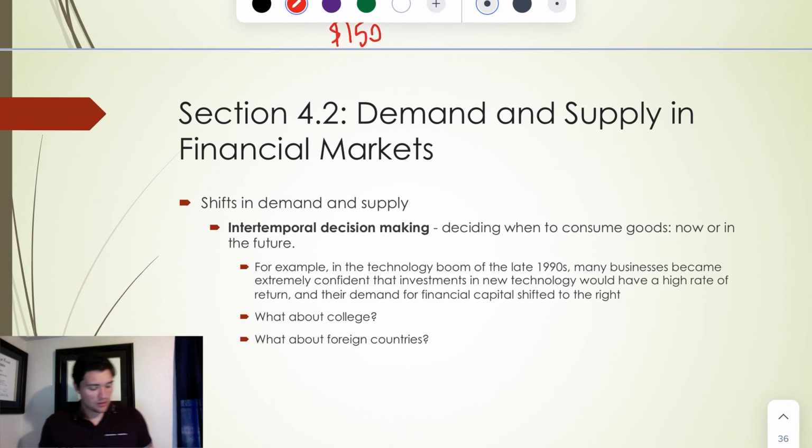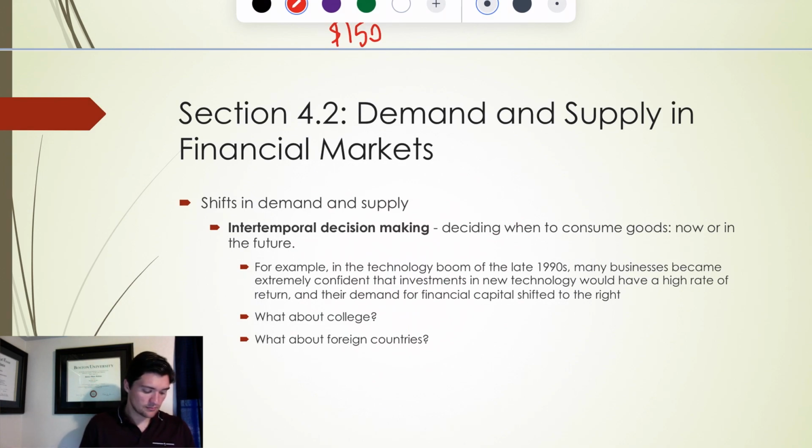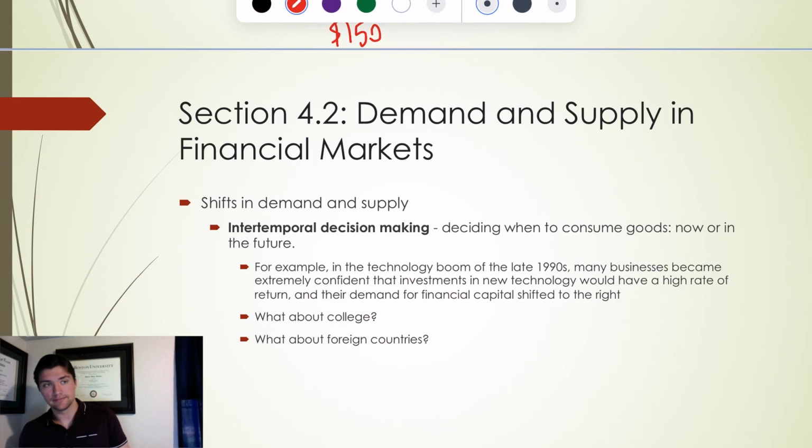So let's talk a quick thing about shifts in demand and supply. All of these go back to your intertemporal decision making. So the basic thing is this: do you want to consume now or later? Because if you're consuming now, you need money. So you cannot be saving it if you are using it.